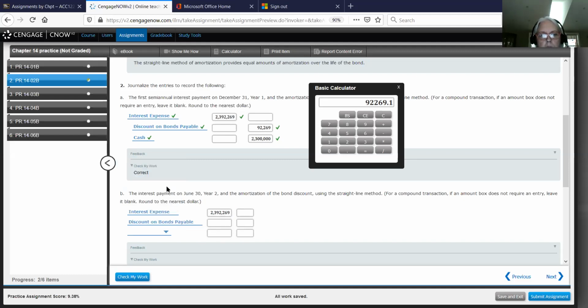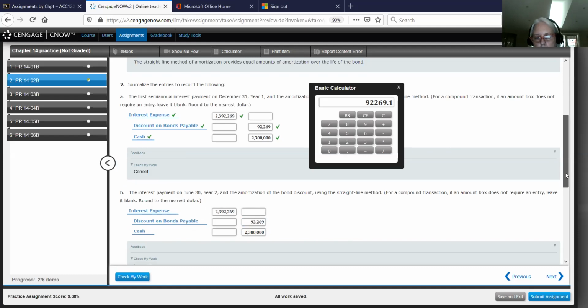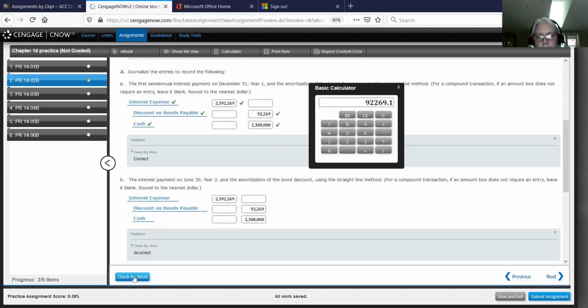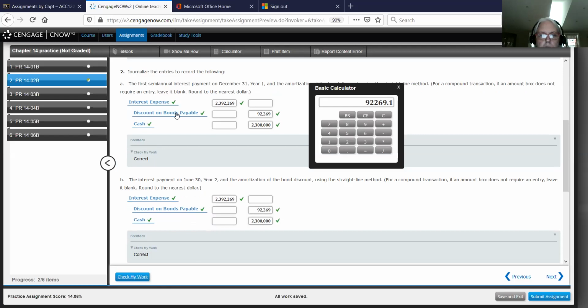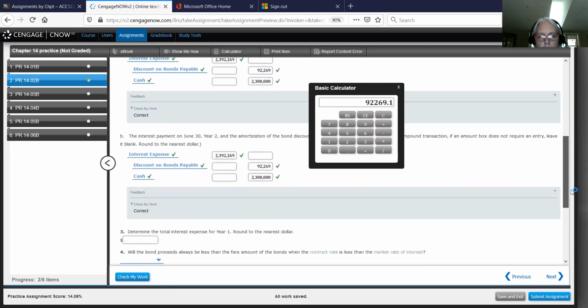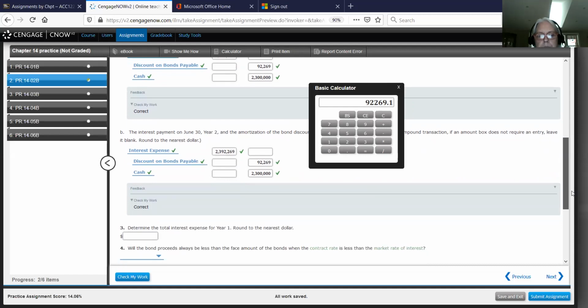We're going to credit our discount on bonds payable for $92,269. And then we're going to credit our cash account for $2,300,000. It's the very same entry as this one. Refer to your Excel spreadsheet if you need to.